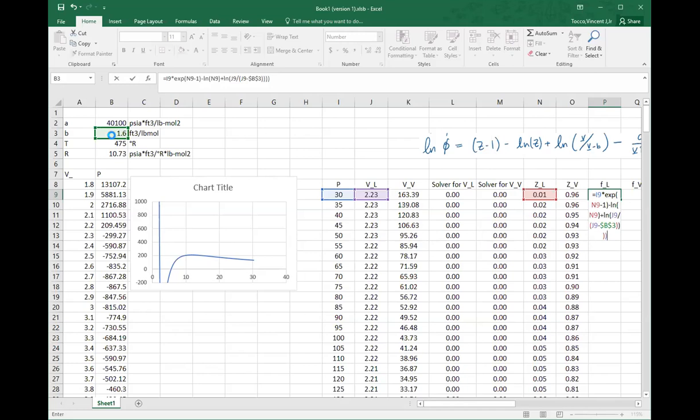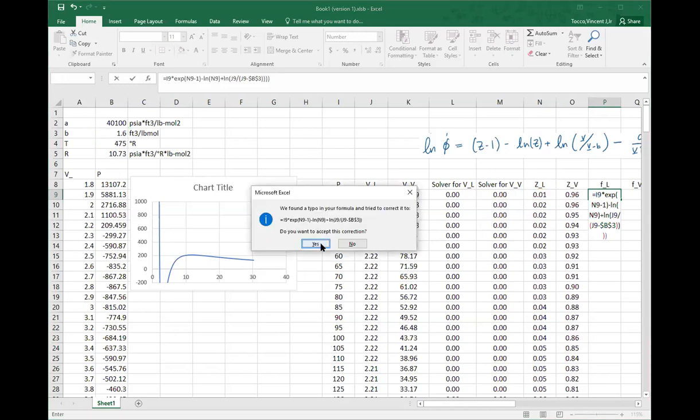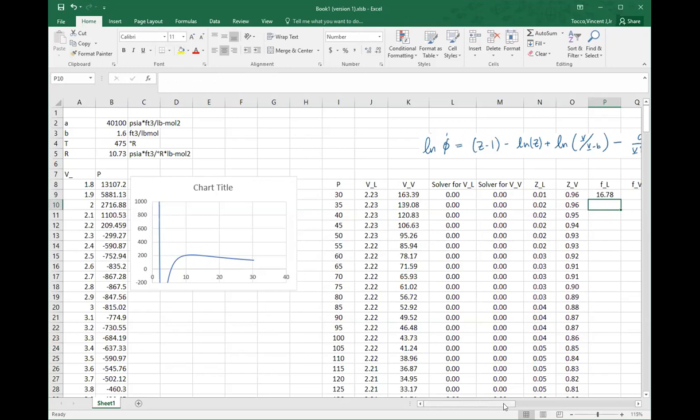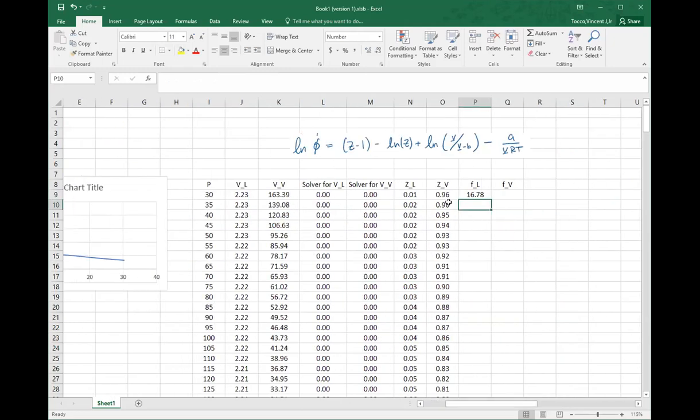I have too many? Let's have Excel just fix it for me. Okay. I think that looks okay.